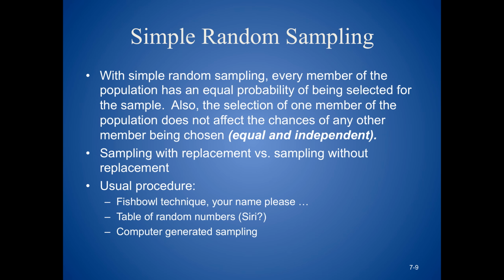So it's the same probability then. Each person then has the same probability of getting picked again. There are computer-generated sampling techniques. You can just ask Siri for random numbers. So these are examples of simple random sampling.